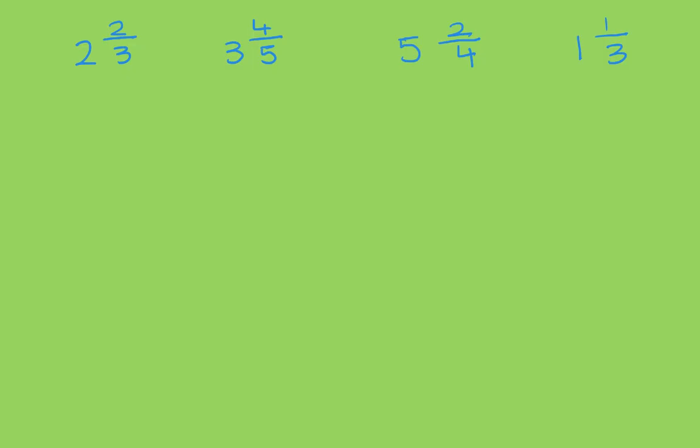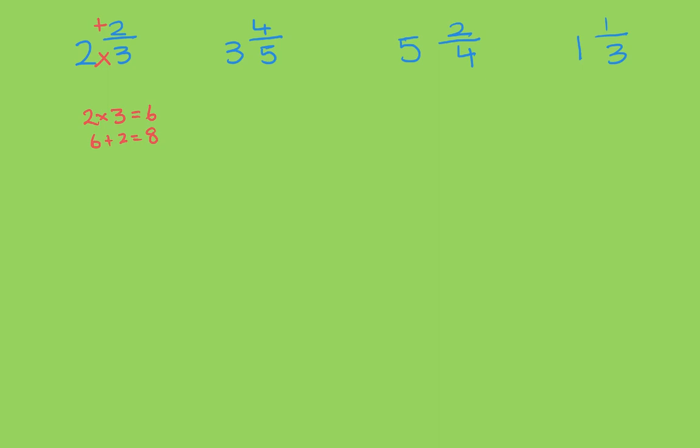Okay, let's do a couple of practice ones. We've got 2 and 2/3. So we're going to change this to an improper fraction by going 2 times 3 plus 2. So 2 times 3 equals 6, plus the number on top equals 8.